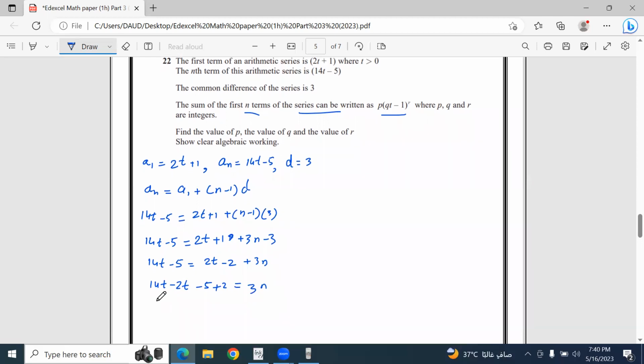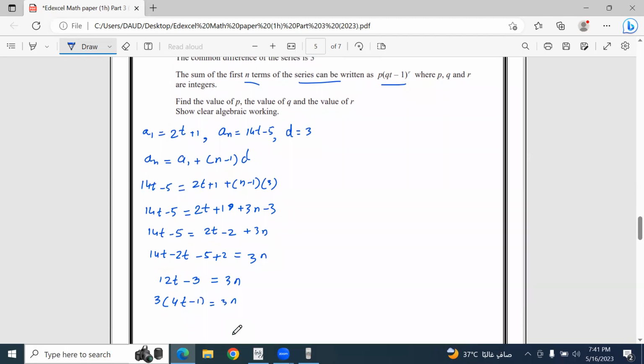Next step, 14t minus 2t, like terms we can simplify, so it is 12t, and minus 5 plus 2 gives us minus 3, equal to 3n. We can take 3 common, so inside we have 4t minus 1 equal to 3n, and at the end we cancel 3 from both sides, so n equals 4t minus 1.